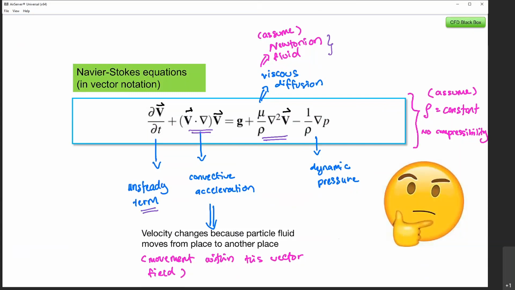We are going to look later at how these assumptions help us arrive at this equation. And the last term over here is the dynamic pressure. Now, as I said, among the assumptions that we make, the first one is that we use a Newtonian fluid in deriving these equations. The second one is that we assume the density of the fluid is constant, meaning there is no compressibility, so it is an incompressible fluid.